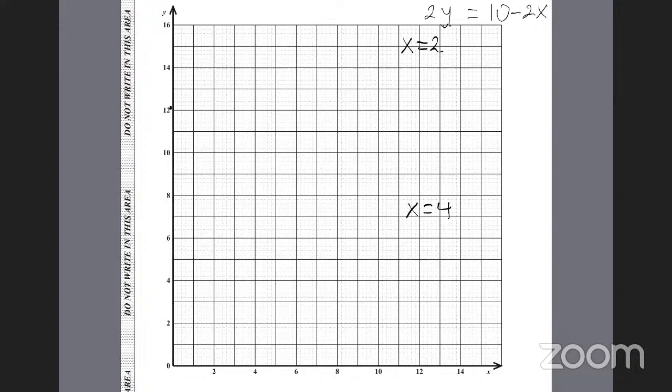X is 2 and x is 4, it doesn't matter, I just picked 2 for you. I can't do the curves and all. They have enough graph, but do the curves.